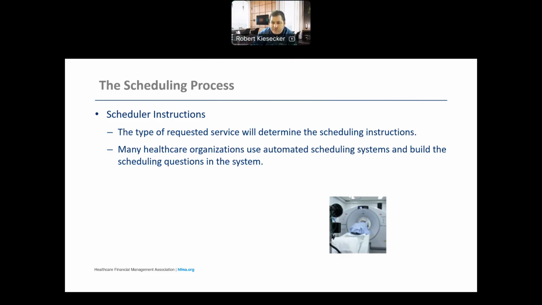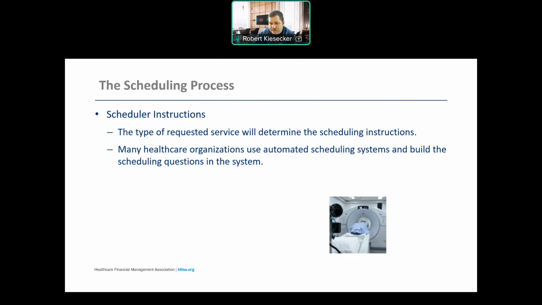Many healthcare organizations use automated scheduling systems and build the scheduling questions in the system. So the scheduling system prompts the scheduler to complete required scheduling instructions each time a test or procedure is requested. Gives you a little bit more continuity, and everybody's kind of getting the same questions, establishes a baseline of what to expect.